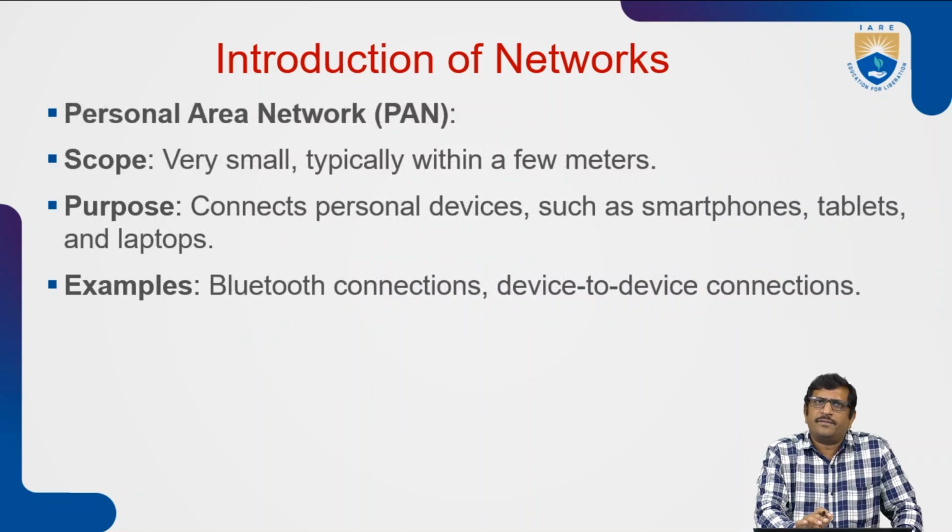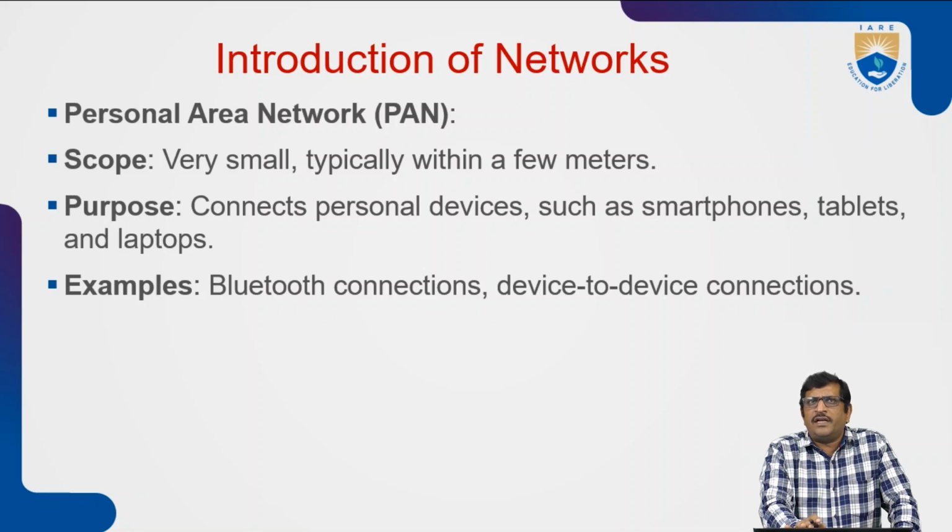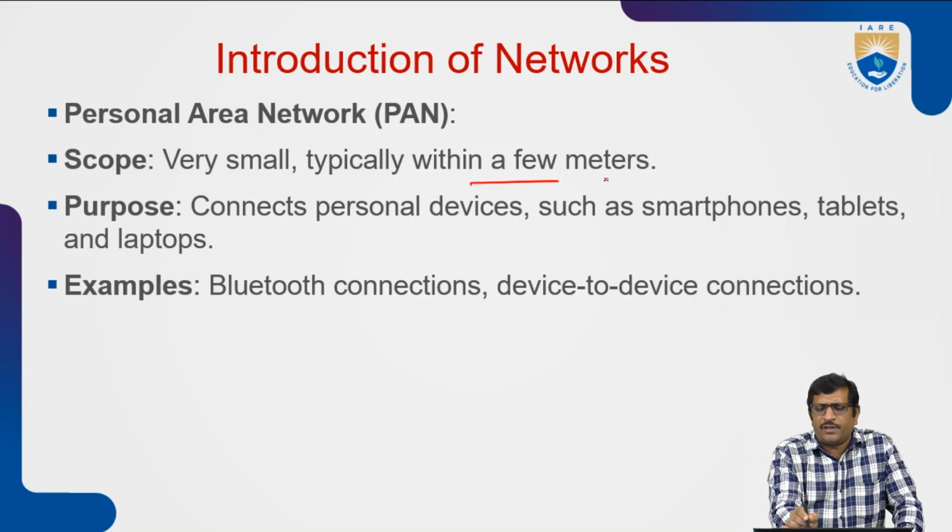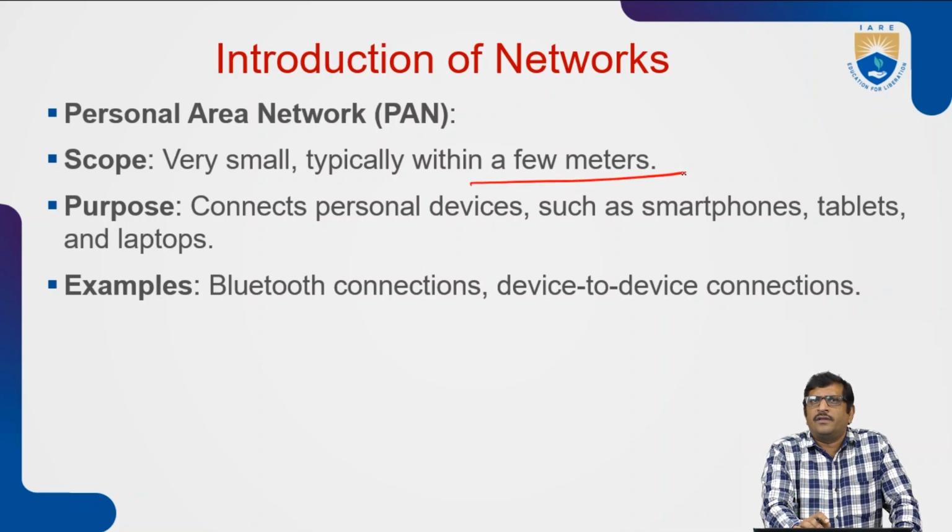Personal area network. What is a personal area network? These networks are very small, typically utilized within a few meters only. That means a Bluetooth connection. It is a personal area network, a PAN.